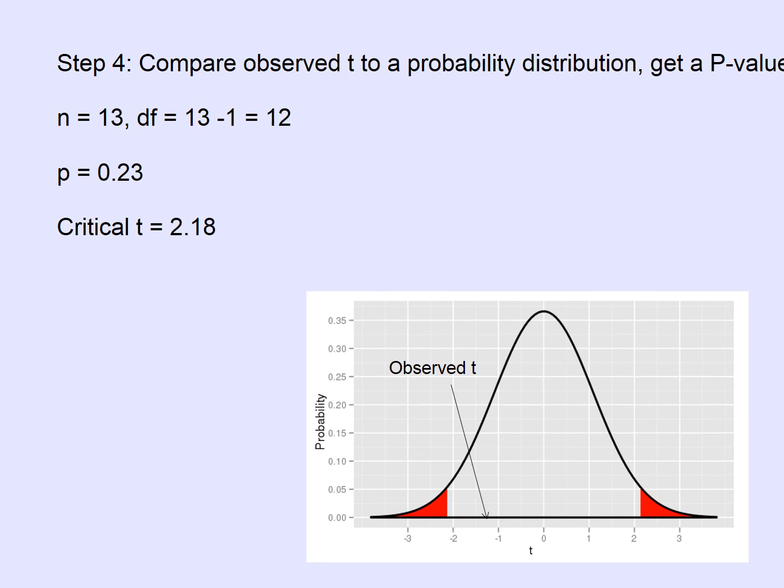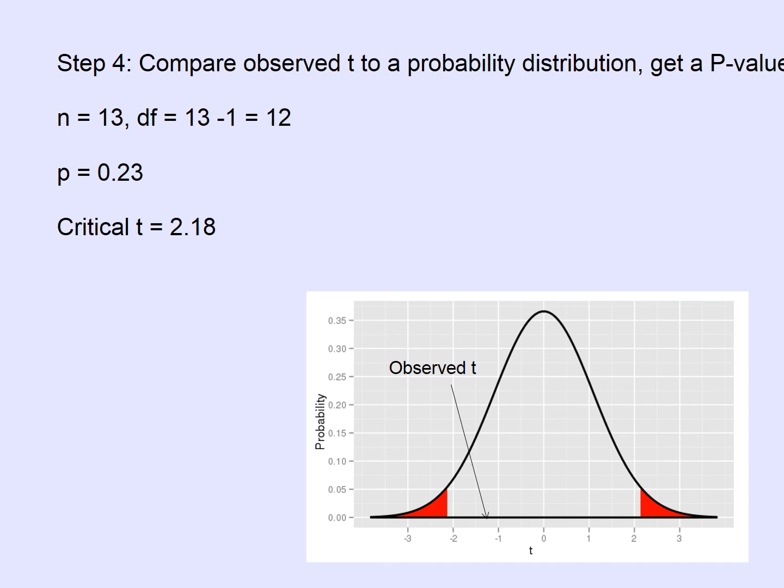Remember, there are a bunch of different t theoretical sampling distributions, all based on our degrees of freedom. With that distribution, we see that a critical value is plus or minus 2.18, at our alpha of 0.05. Those red regions represent the 5% area above 2.18 and below negative 2.18.